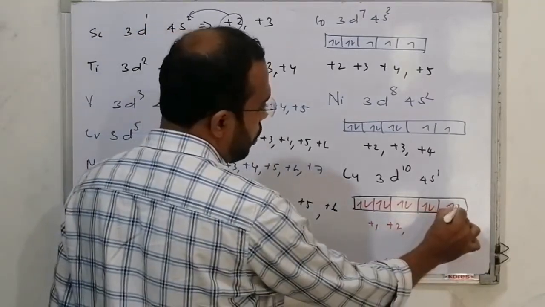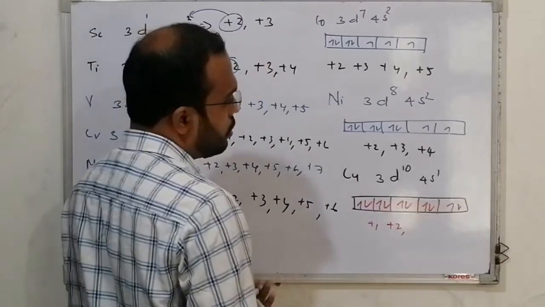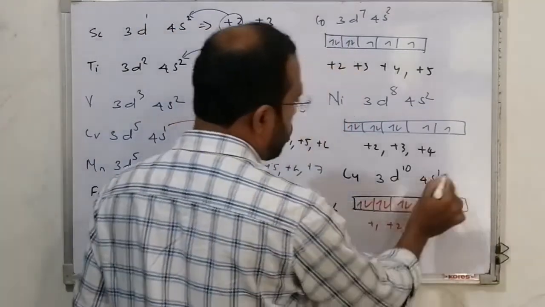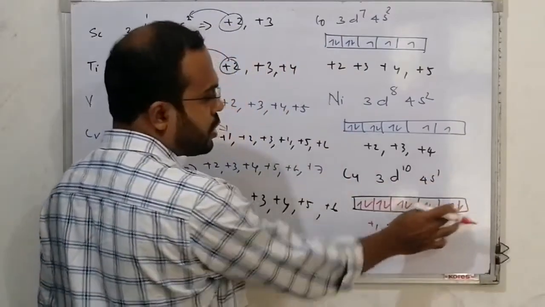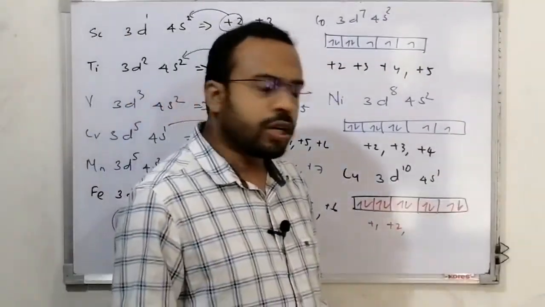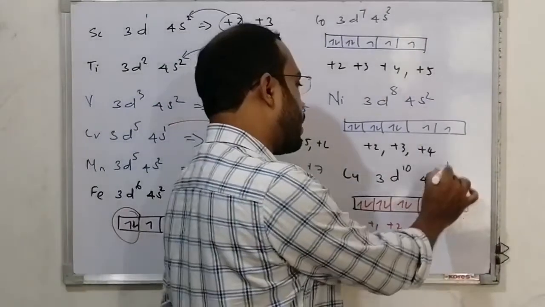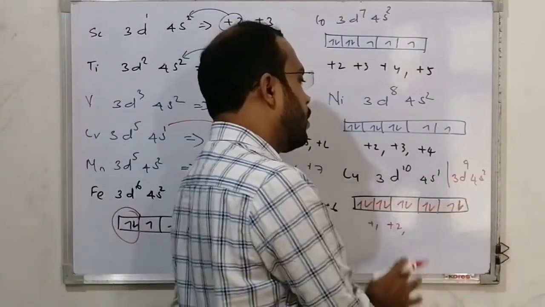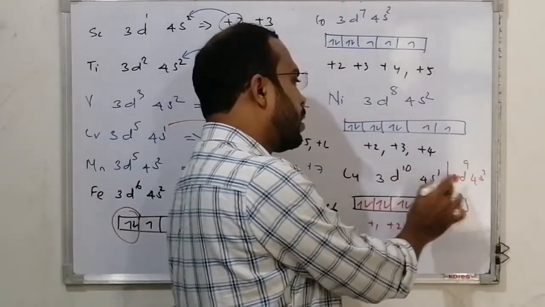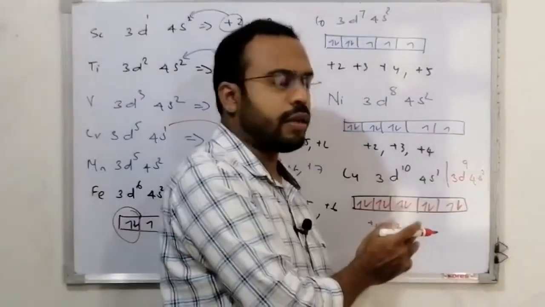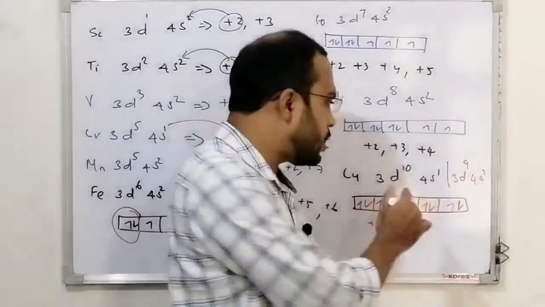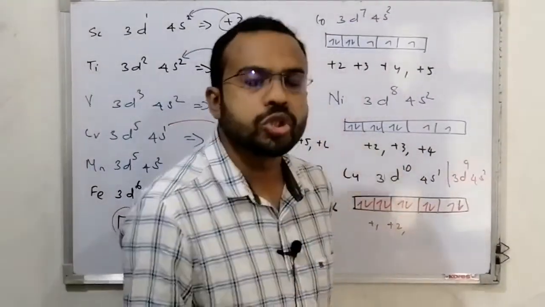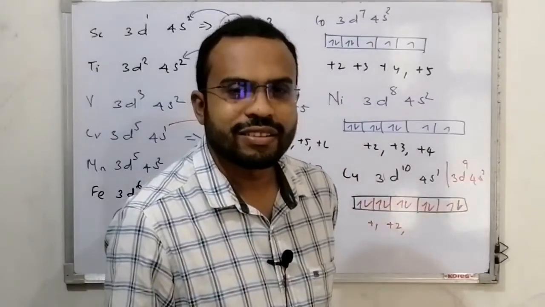Actually, it shows +1, +2 because one electron is lost from here. That is because actually this was 3d9 4s2. Here it becomes 3d10 because of the extra stability. Actually that 10th electron here belongs to s. Fine?